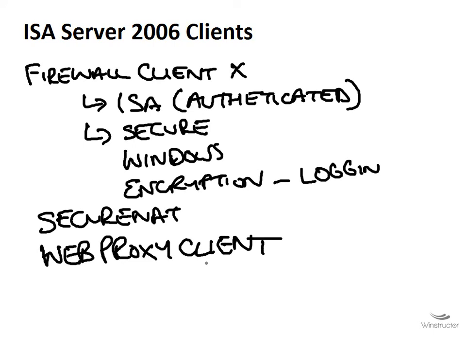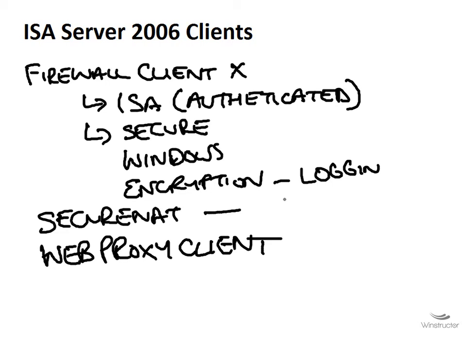And to configure either of these is really, really simple. Firstly, with our secure NAT client, it doesn't actually have firewall client software installed on it. Instead, secure NAT clients are simply configured to route all requests for resources to the ISA server, and they're then governed by the ISA server's firewall rules and policies.